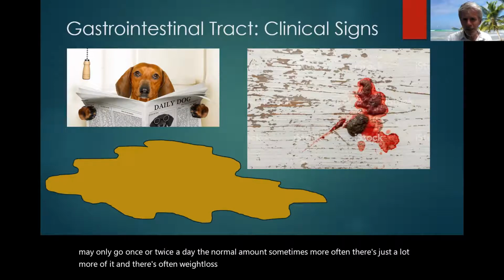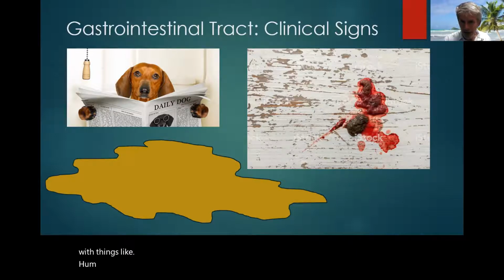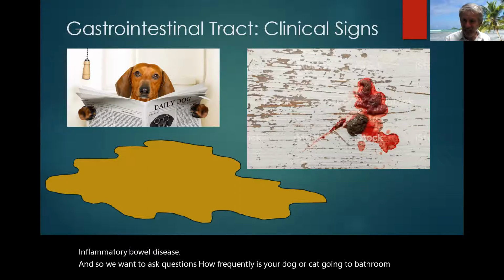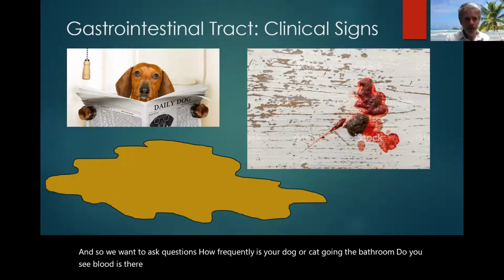So small bowel diarrhea, we can associate with things like inflammatory bowel disease, or worse, some sort of a diffuse cancer of the small intestine, lymphoma of the small intestine, for example. And so we want to ask questions like, how frequently is your dog or cat going to the bathroom? Do you see blood? Is there mucus? Check the chart. Are they losing weight?